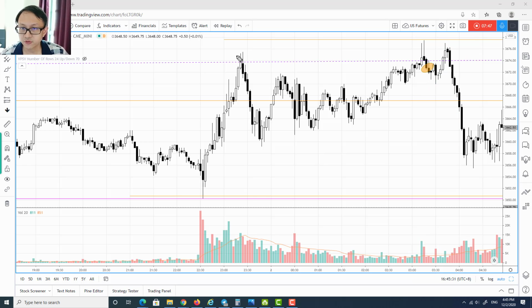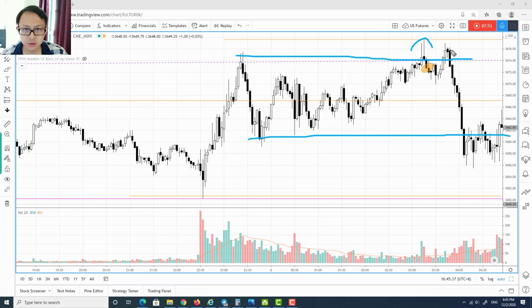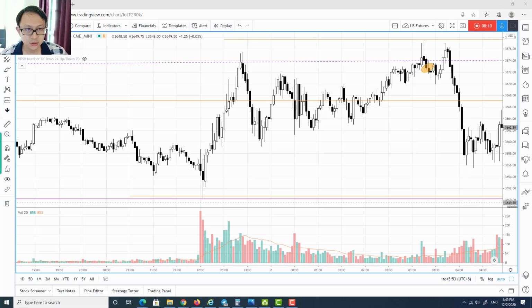So overall, if you look at this structure, that is a very classical, textbook style distribution structure, with this acting as an upthrust after distribution with a test, subsequently followed by this sign of weakness, and eventually with an inability to rally up, forming the last point of supply.